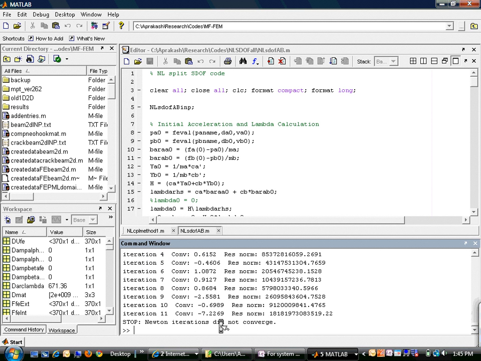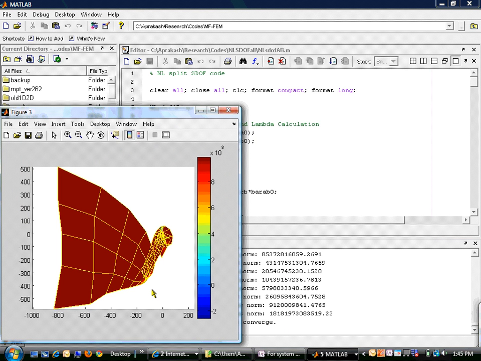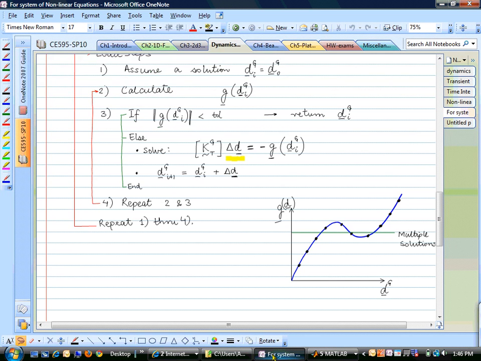But in this case, the residual does not seem to be converging, and finally you get some absurd state, and at that point Abaqus would also tell you that the iterations did not converge. But it doesn't mean that the entire analysis is a waste. You still have results. If you click on results, you can still plot all the way up to the point where it was converging. So that's just something for you to keep in mind.